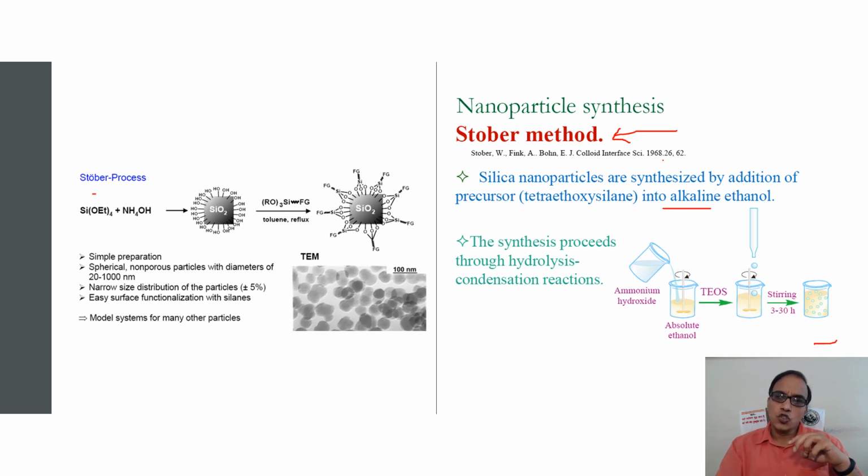So this Stober process is very popular in nanoparticle research. It provides a very simple preparation method, and spherical non-porous particles of diameter ranging from 20 to 100 nanometers can be achieved with a narrow size distribution; polydispersity and uniformity are very good. Easy surface functionalization can be done with silanes.